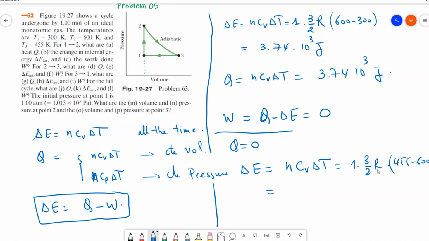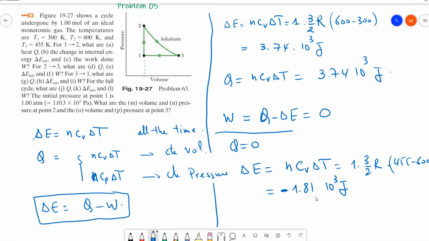The value of R is given. It is in your formula sheet, so you can use it. The value here is minus 1.81 times 10 to the power 3 joule, which is minus 1.81 kilojoule. And it is negative because delta T is the final minus the initial, and the final temperature is smaller.